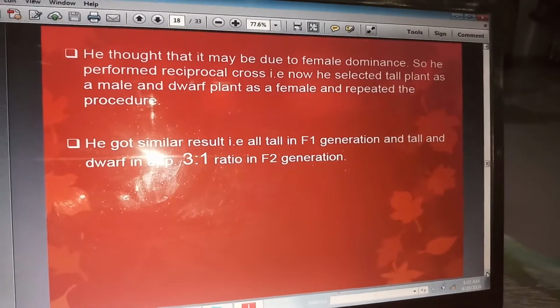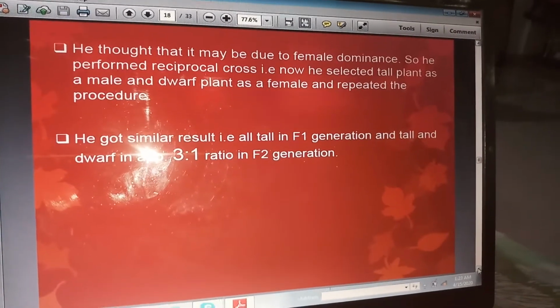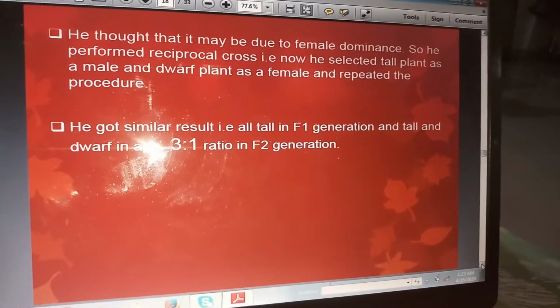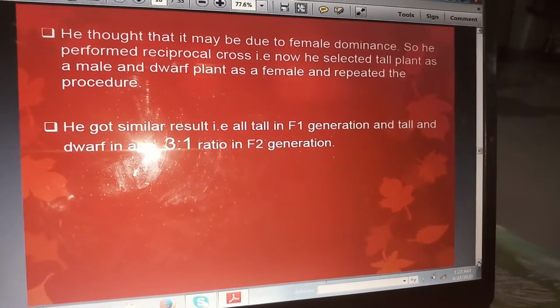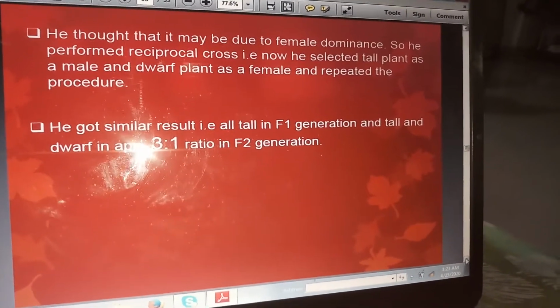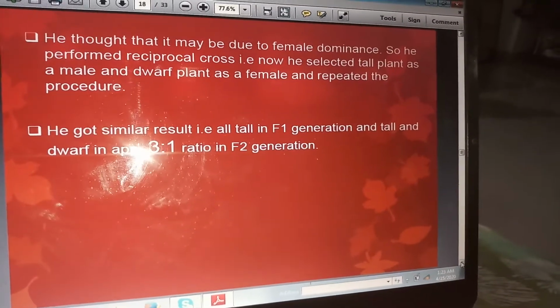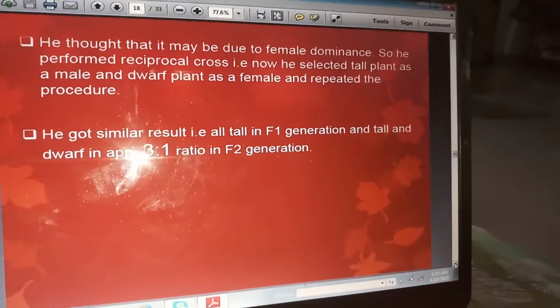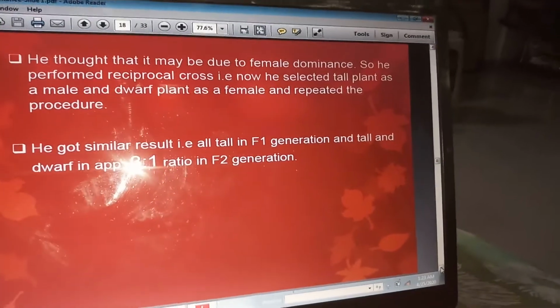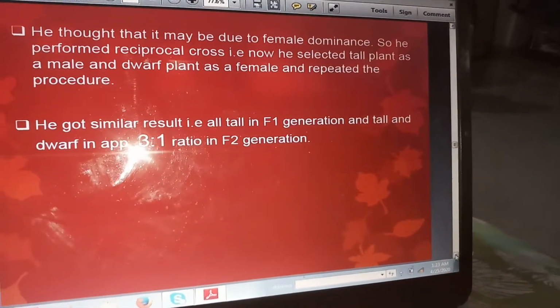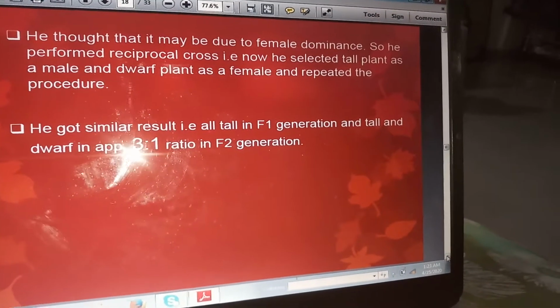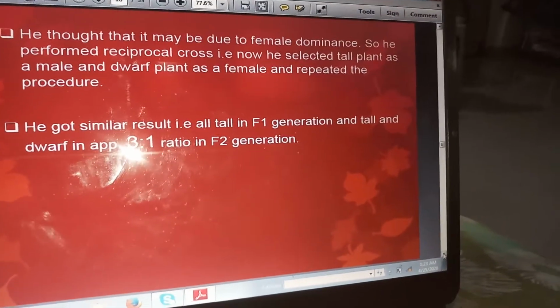Now he thought that it may be due to female dominance. So he performed reciprocal crosses. That is, now he selected a tall plant as male and a dwarf plant as female and repeated the procedure. So this time he reversed the cross from the previous experiment.